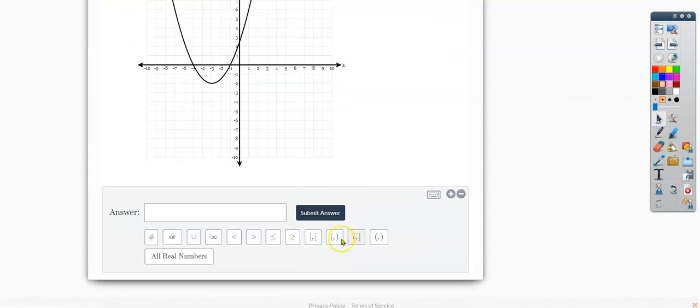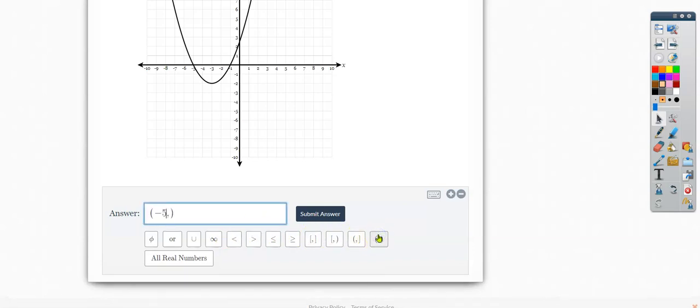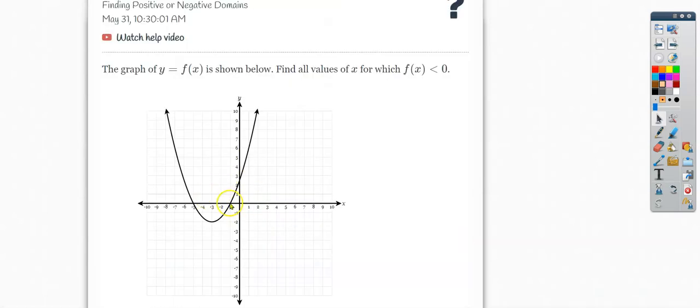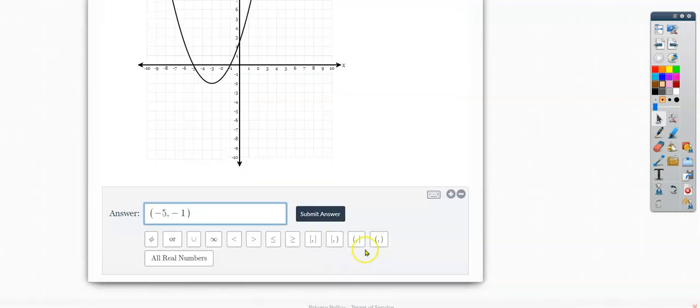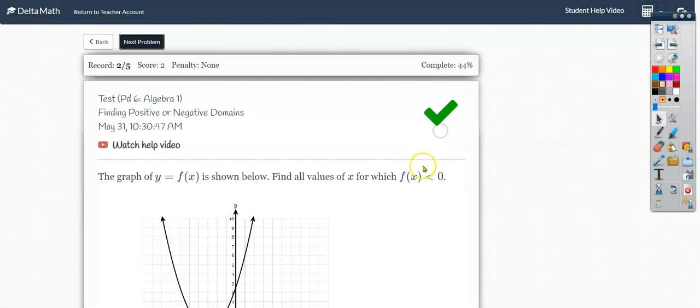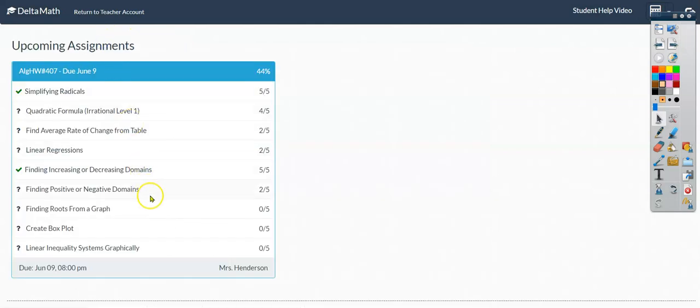I can type it with interval notation or with inequality notation, but I'm going to use these, -5, -1. I'm using parentheses instead of brackets because when you're on the number line, you're actually 0. You're not less than 0. So there we go. Okay, give those 3 a try.